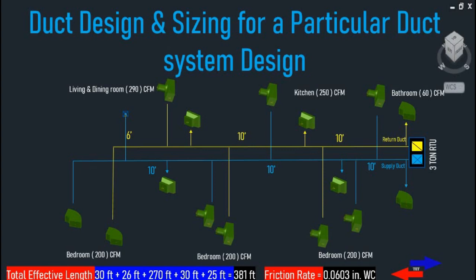So now let's start sizing duct by using our first example, which has a total effective length of 381 feet, and we came up with a design friction rate of 0.0603 inch of water column.